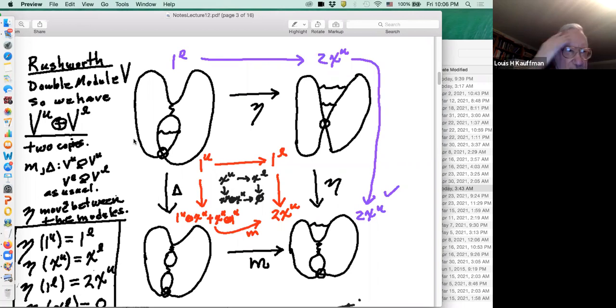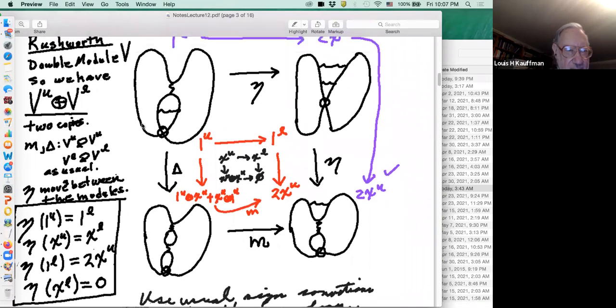But now we're going to have an upper and a lower module, 2 modules, which means 4 elements that could basically label that circle: a 1 upper L, a 1 upper U, an X upper U, and an X upper L.